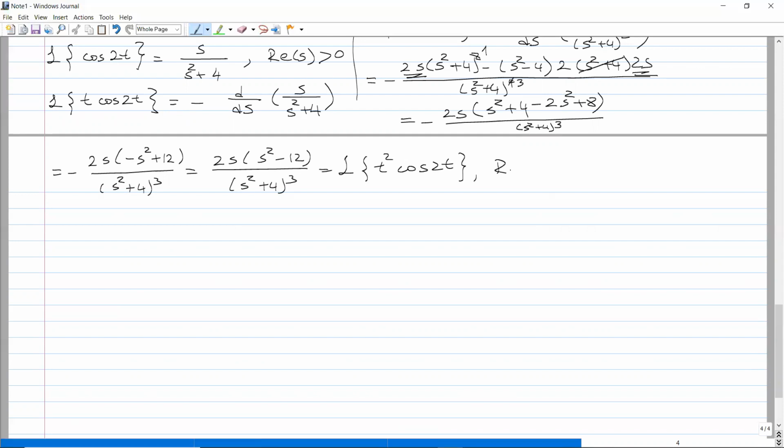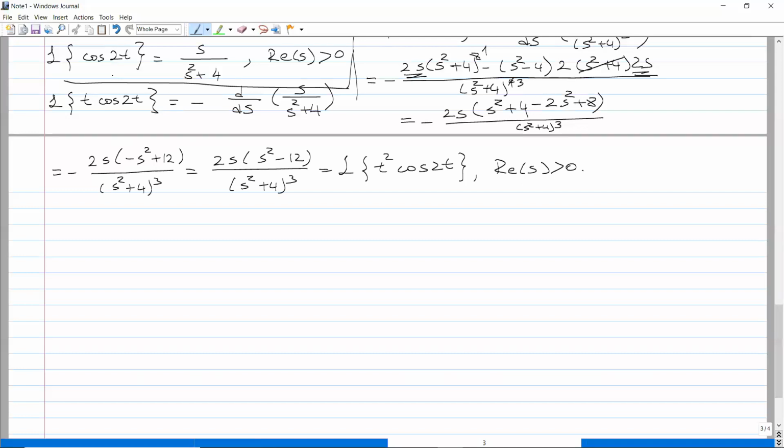This is again for real part of s greater than 0, because the original formula we use, Laplace transform of cosine function, is valid for real part of s greater than 0. So this one also for real part of s greater than 0.